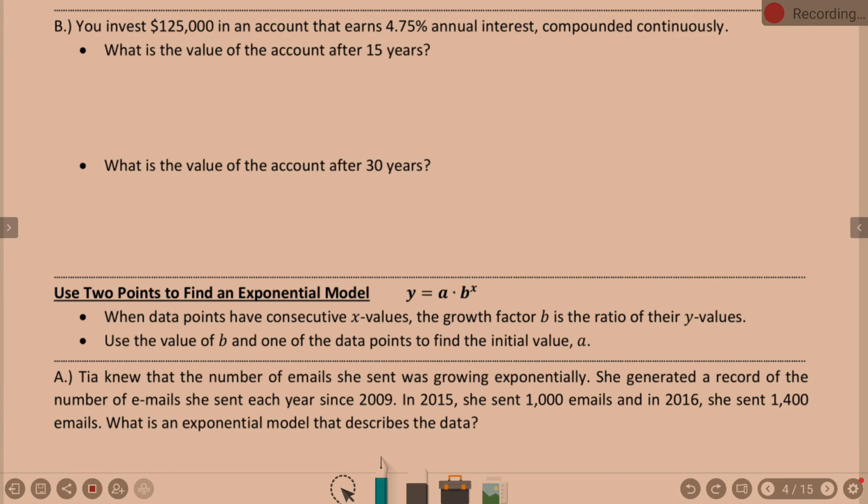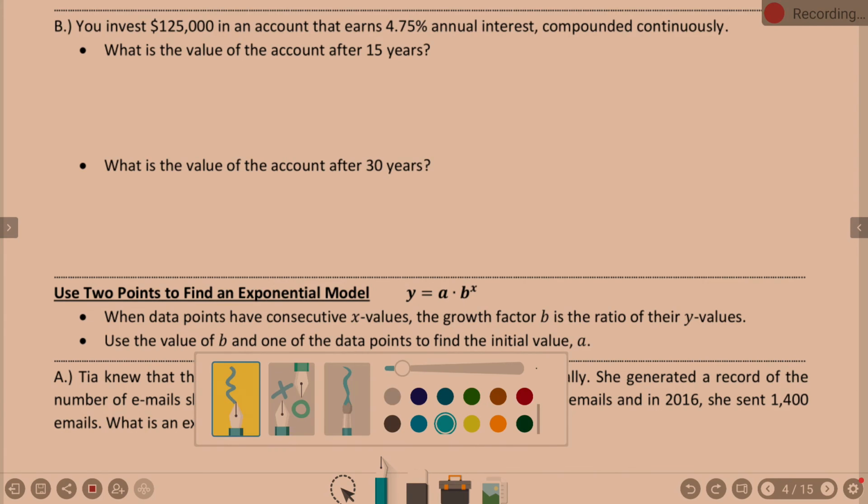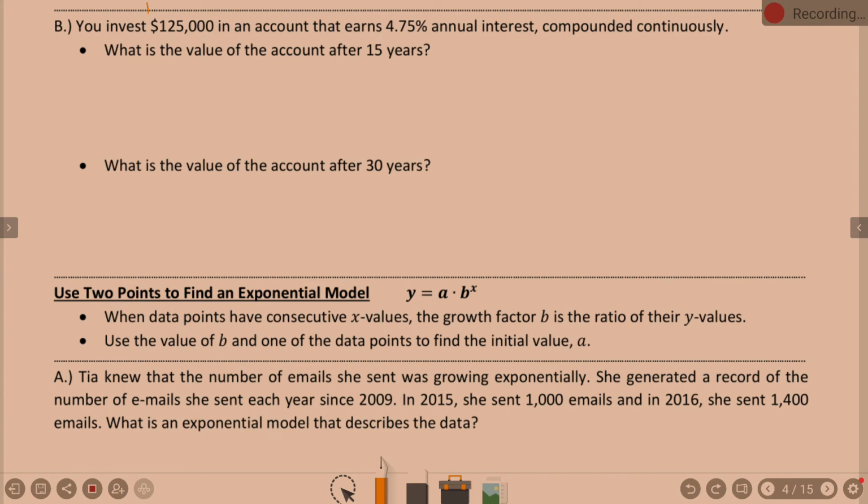What is the value of the investment? 125,000 is what? That is P. 4.75% is a version of r, going to be 0.0475.